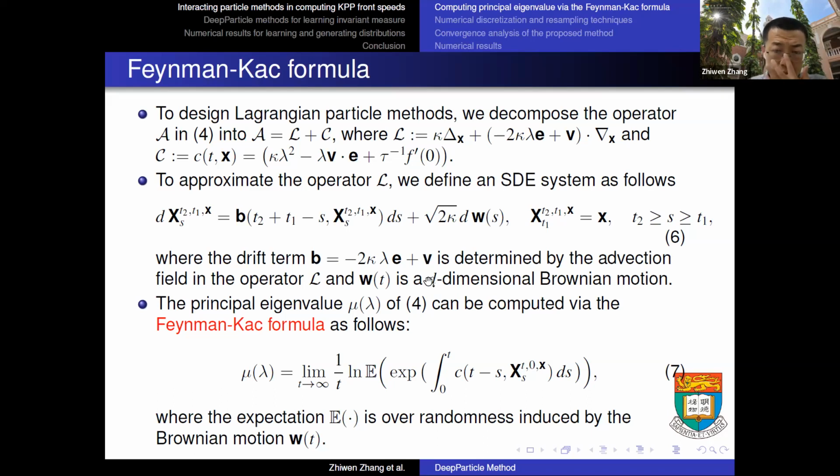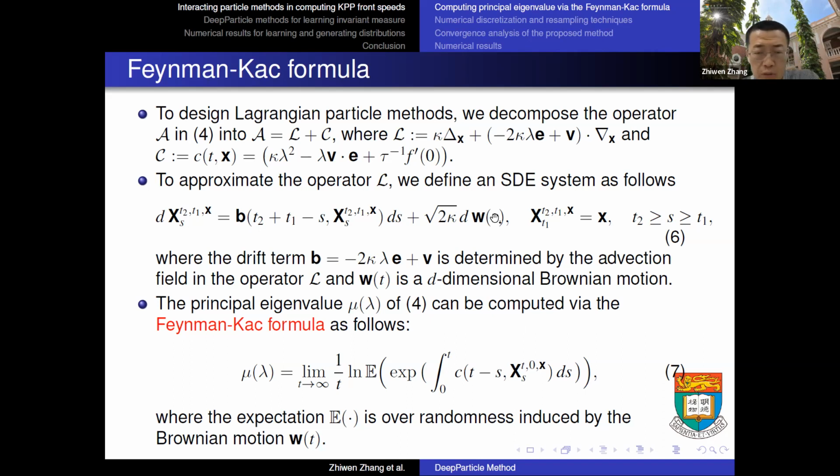Then the Feynman-Kac formula is here. It says the principal eigenvalue has this beautiful formula, equation 7. This is very beautiful mathematically, because the Feynman-Kac formula builds a connection between the SDE and the parabolic type PDE. That's very elegant and nice. Sorry, this expectation is over all the randomness induced by Brownian motion.